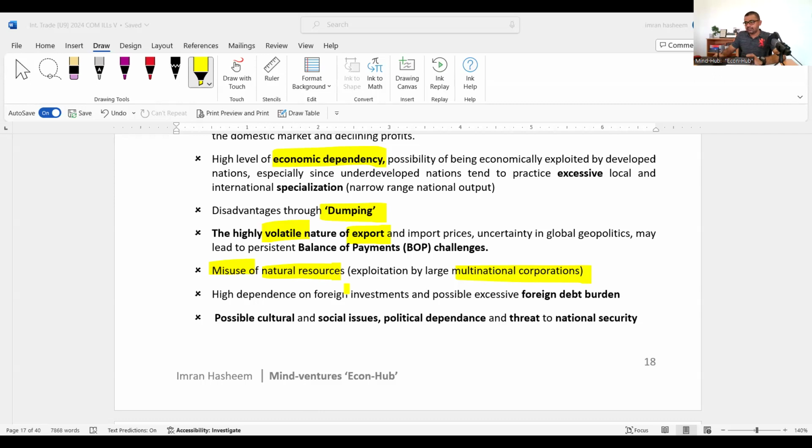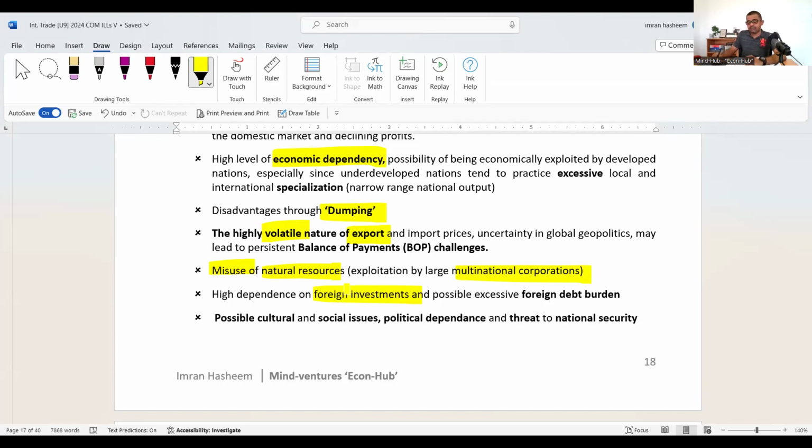Then it says high dependence on foreign investments. Now, again, case in point, Sri Lanka. Because we can't really generate enough domestic funds for investment within the country, and since we can't borrow and invest either because we are already a country in default, we don't have any creditworthiness to borrow.